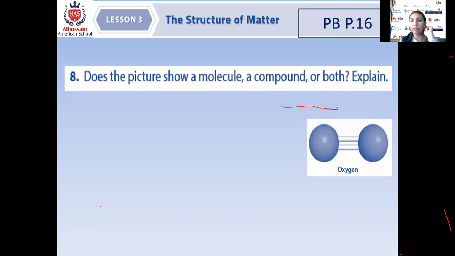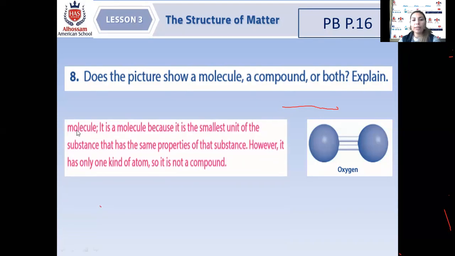It's a molecule. Why? Because there is no other atom than oxygen, no different atom in this molecule. Thank you so much. So we can see here that oxygen is, of course, a molecule because it's the smallest unit of the substance.